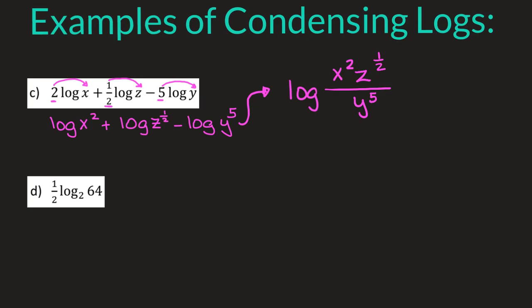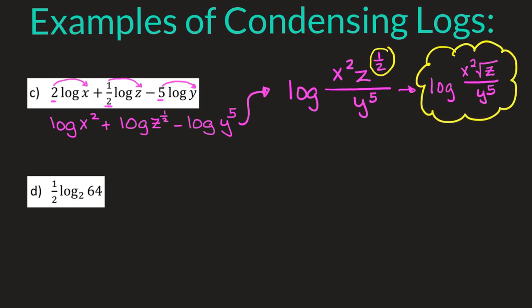We can take care of this 1/2 and rewrite the z to the 1/2 as the square root of z. We've learned that in the past. So our final answer would be log of x squared times the square root of z all over y to the 5th. And that would be our simplified condensed log.